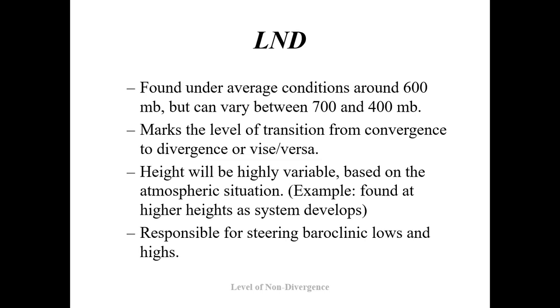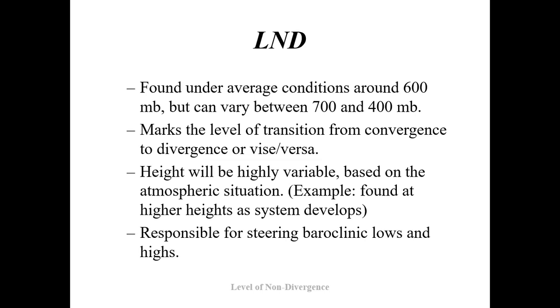It marks the level of transition from convergence to divergence or vice versa. The height will be highly variable, based on the atmospheric situation. For example, that level of non-divergence, L and D, is found at higher heights in the early stages of a system's development and intensification. And it's responsible for steering baroclinic lows and highs.